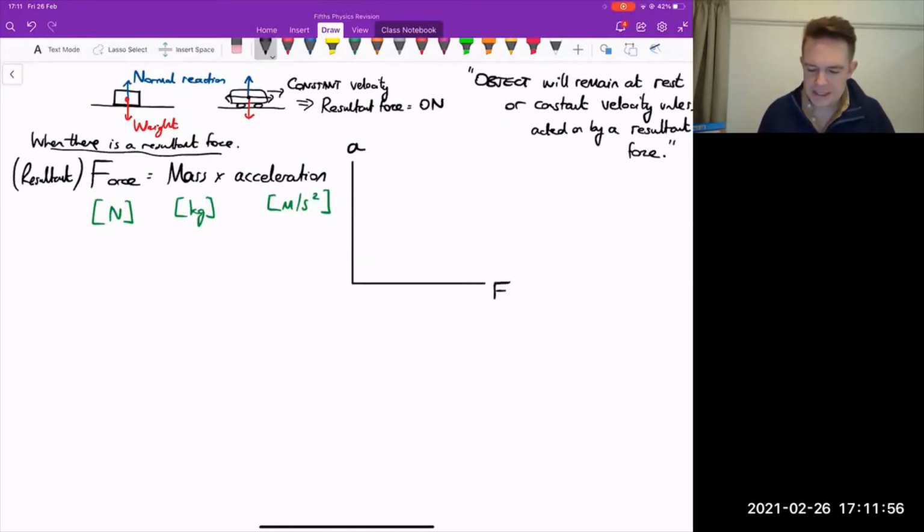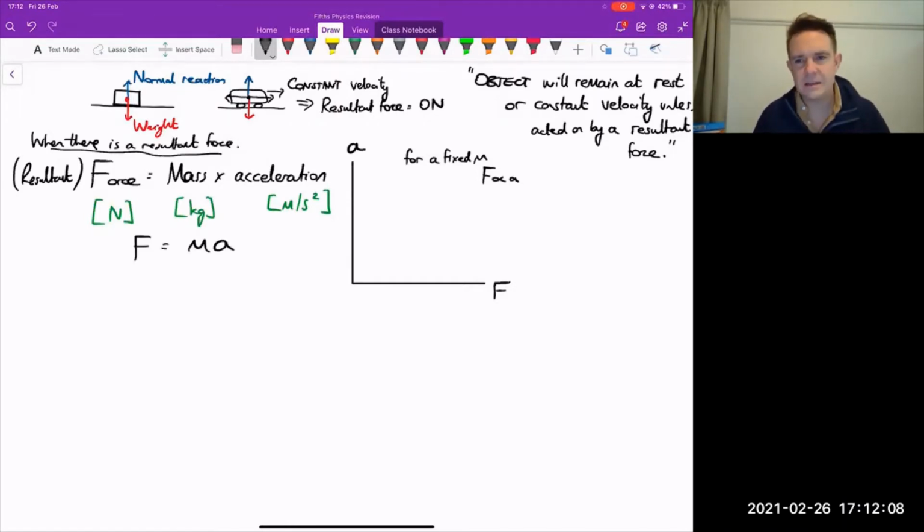This equation actually tells us that for a particular mass, for fixed m, the F is proportional to a, because this equation, F equals ma, is of the form F equals kx, or F equals a constant times acceleration. So in fact, Newton's second law is basically saying that force and acceleration are directly proportional to one another.